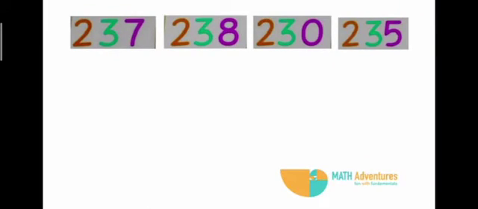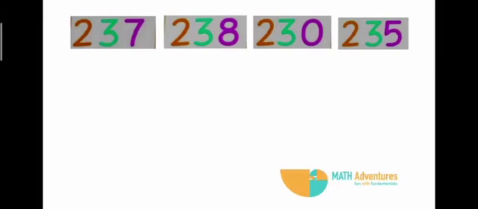So students, let's start with an example that we have discussed in our yesterday's class. In this example, we can see four numbers written on four strips, right? So let's read out these numbers again. 237, 238, 230 and 235.